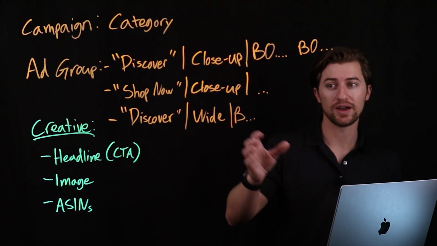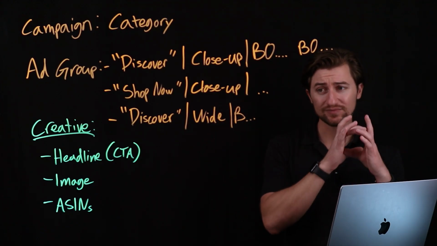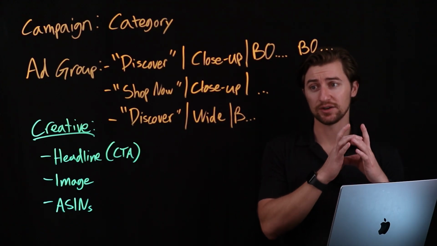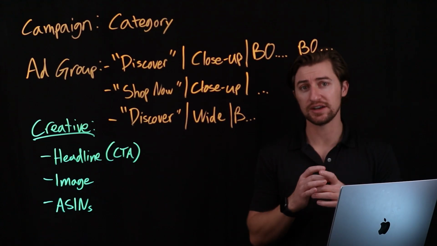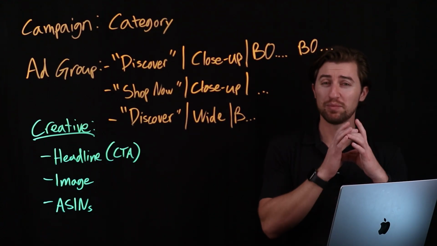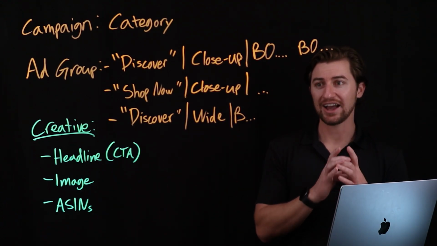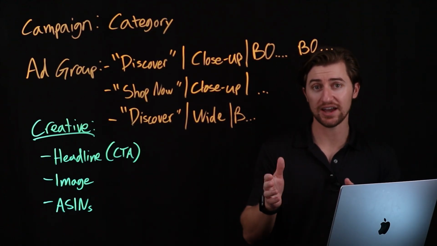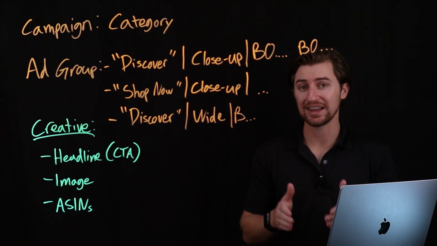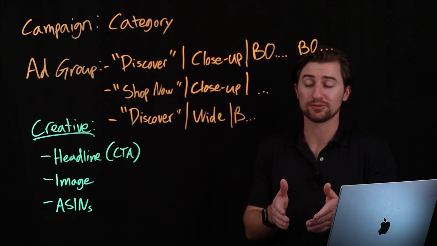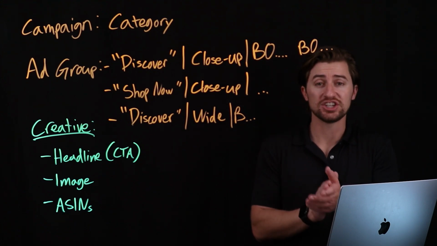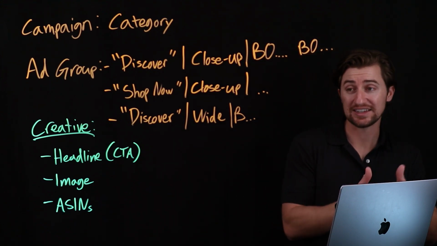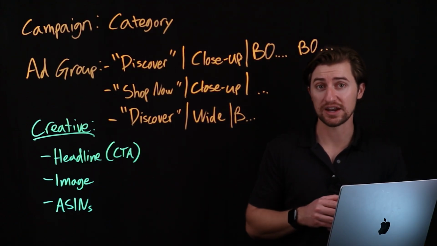And this is a great way to stand out, because remember, those CPCs are partially determined by how much you're willing to bid and how much everyone else is willing to bid. But a part of that is actually just the ad quality score that Amazon assigns to you. If you have a really highly relevant product or ad, you will see slight CPC discounts for these really competitive keywords.